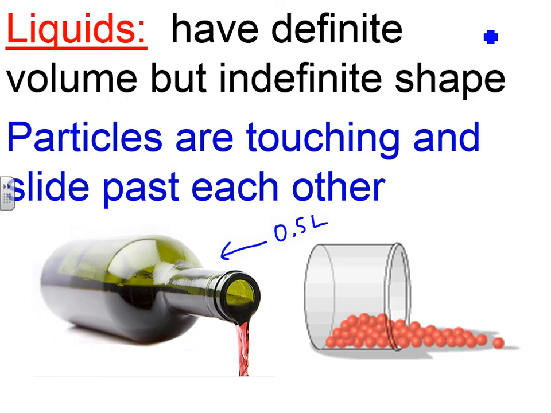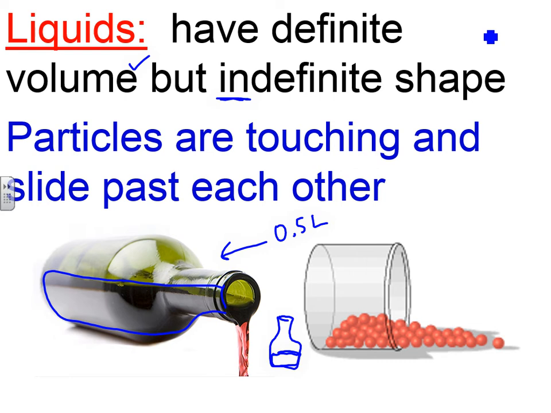If the liquid is in a bottle that's standing up, the liquid has a kind of rectangular shape, whereas if the bottle's lying down, it's just changed its shape, and that's the idea. Now it has more of a cylindrical shape, maybe you can say. And so the liquid particles can move around, and that's why they're able to change their shape. So they have an indefinite, meaning not definite, shape, but they have a definite volume.